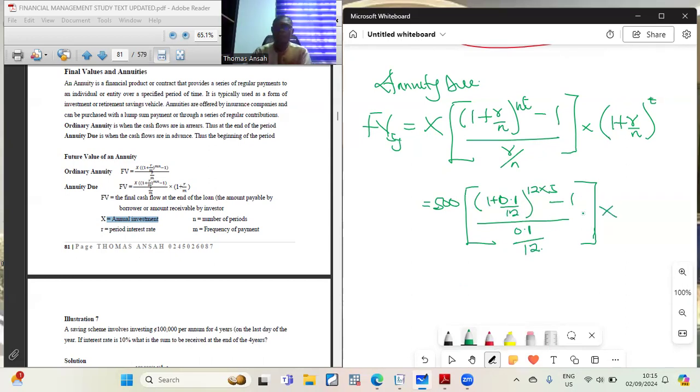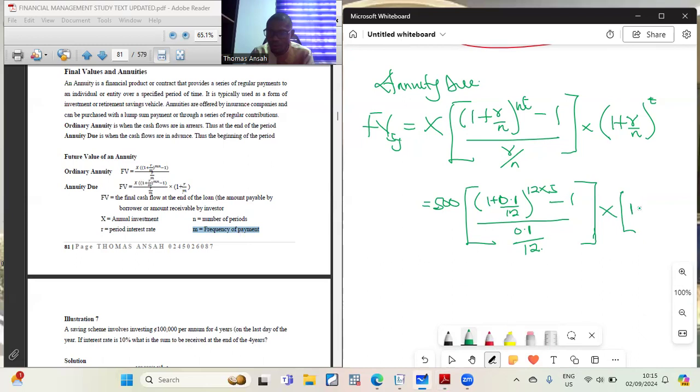And when I get this, I'm going to go further forward. So how many times is it compounding? You see here, the frequency of the payment, that is the number of times it is compounding.